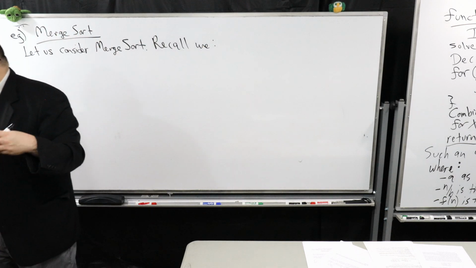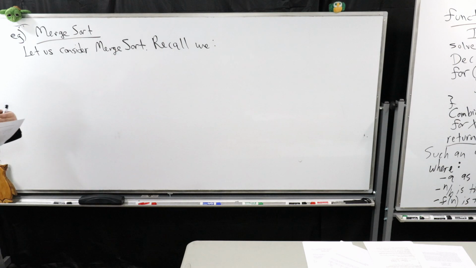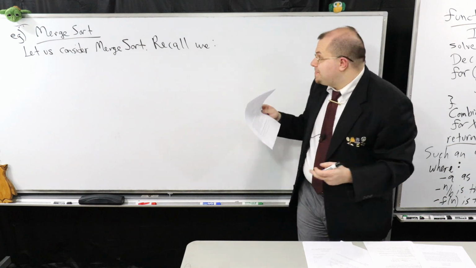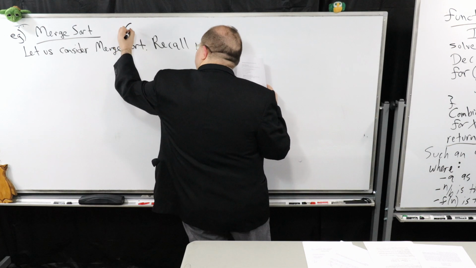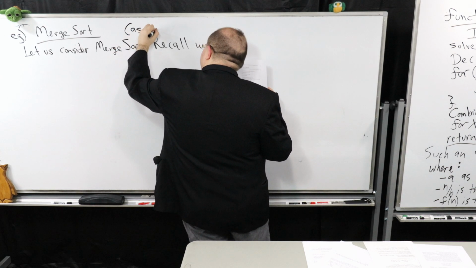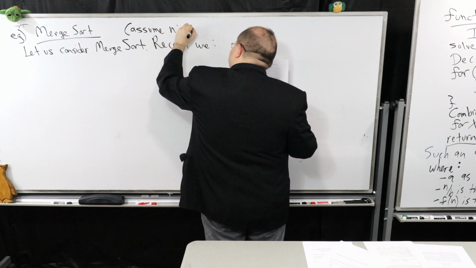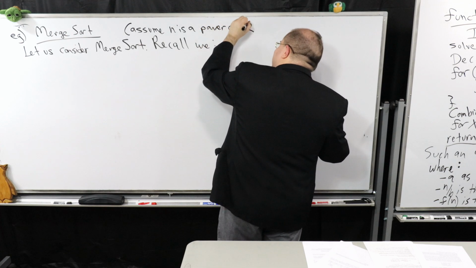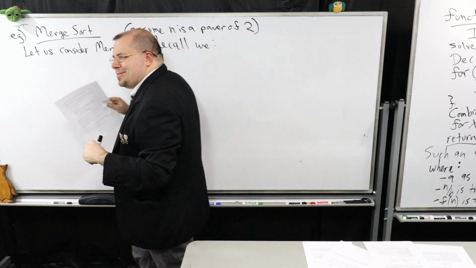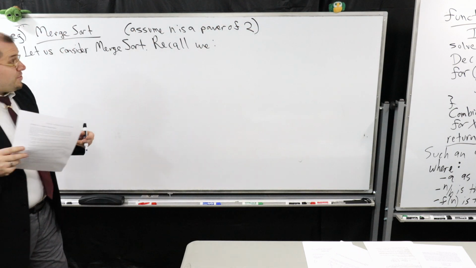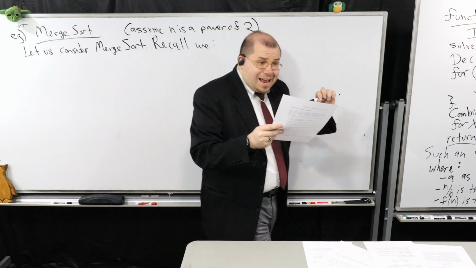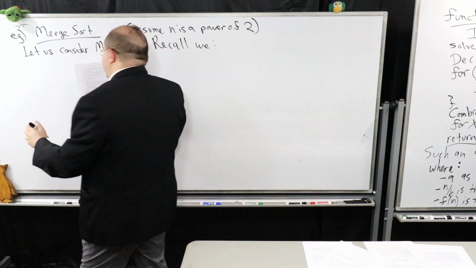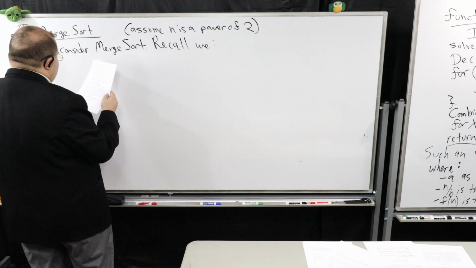I'm going to presume that n is a power of 2 for simplicity. Just keep that in the back of your mind, because it makes it easier for me to describe the algorithm to you. It's not quite exactly like this, but the idea is the exact same. It's essentially this.